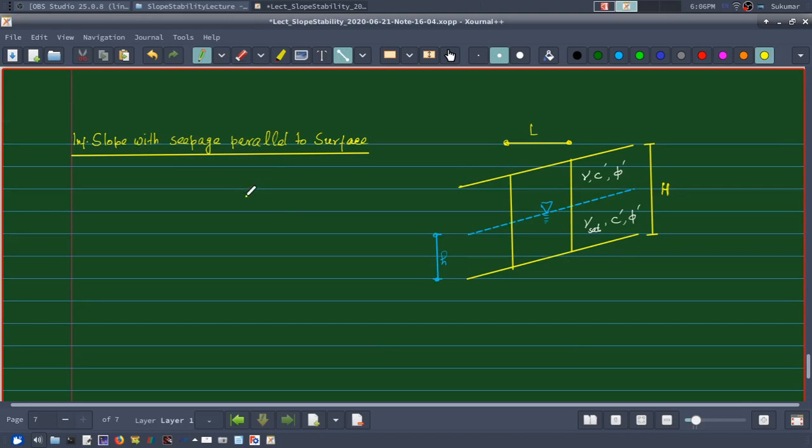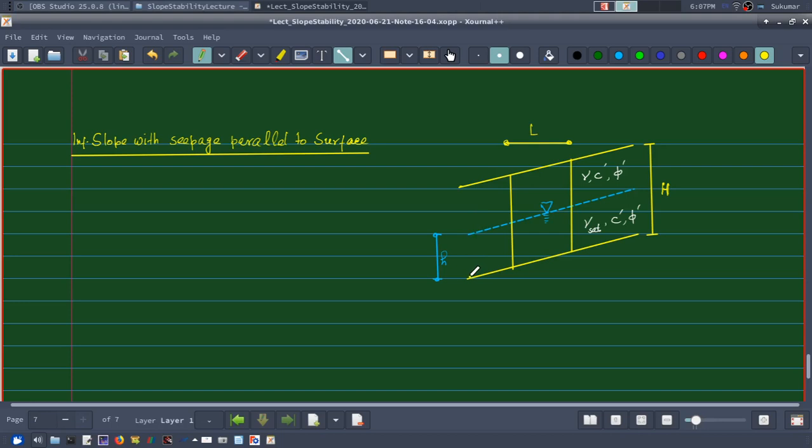Okay, let us go to the infinite slope, where seepage is occurring parallel to the surface. There is a groundwater table at some depth.